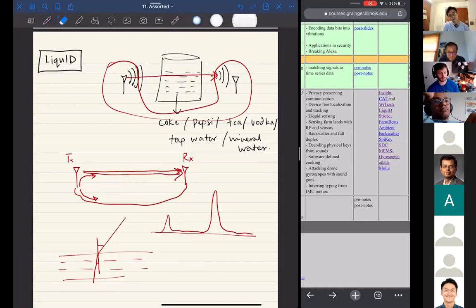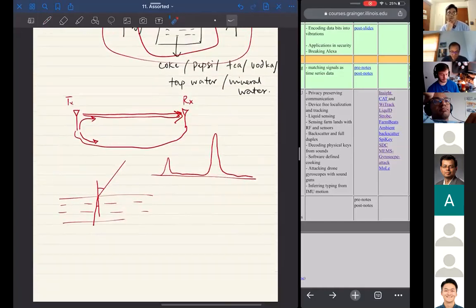And now, if you can precisely figure out when the signal arrived at your receive antenna, then you can figure out with respect to air, how much did the liquid slow down the signal? Right?